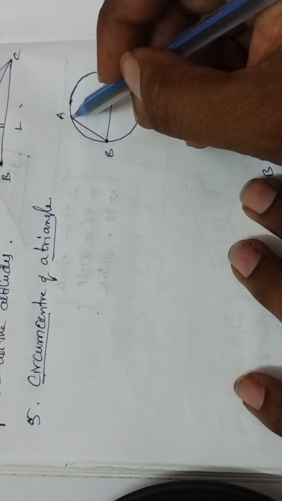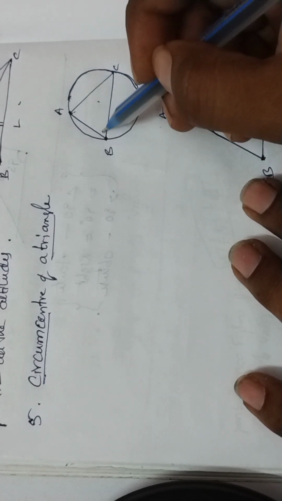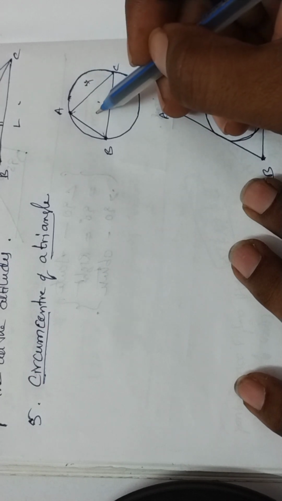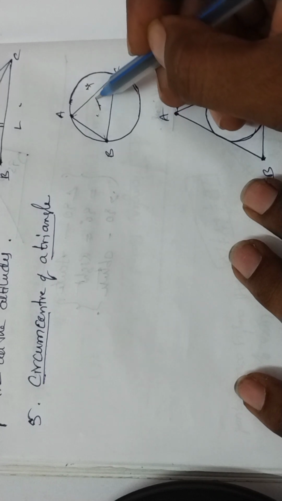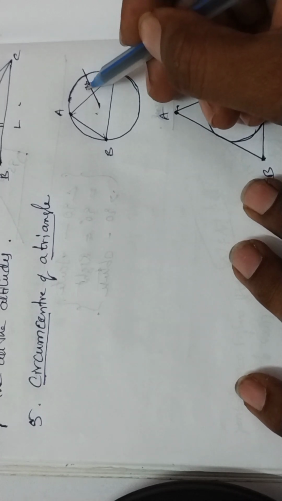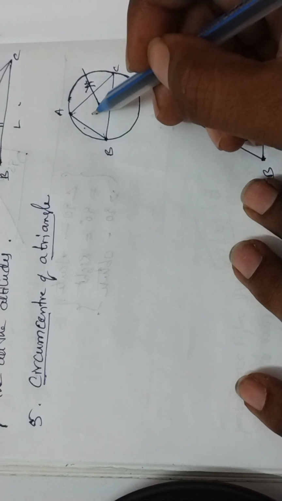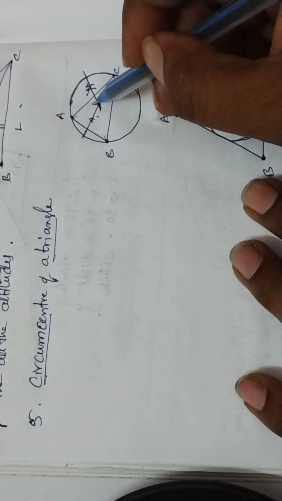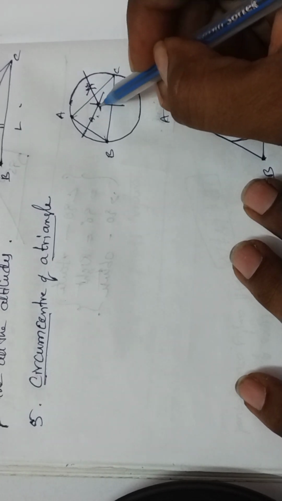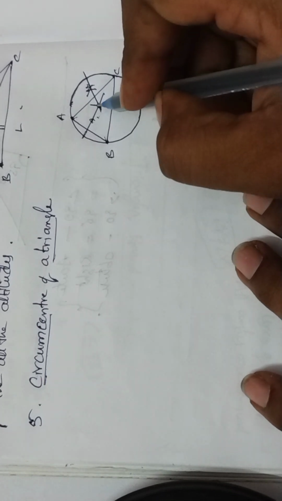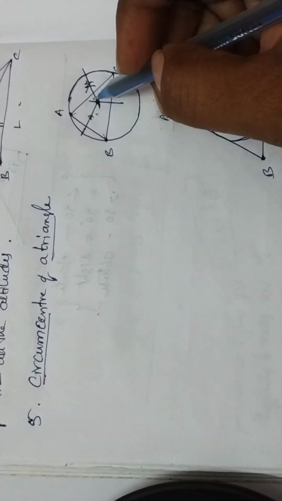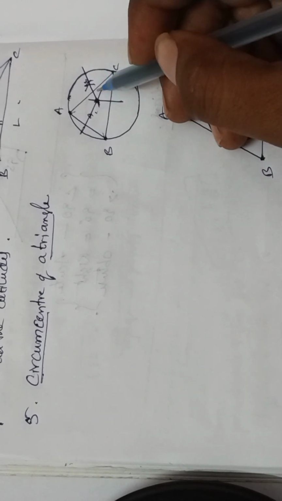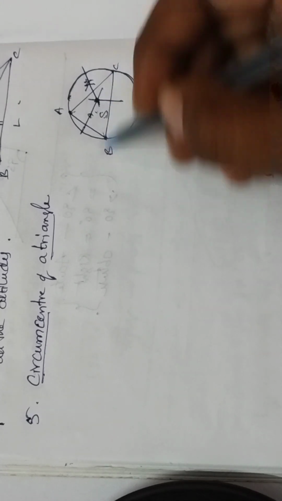I am taking the perpendicular bisector of this side, it passes through like this, and when I take another one, this point we call the circumcenter of a triangle. We indicate it by the letter S.